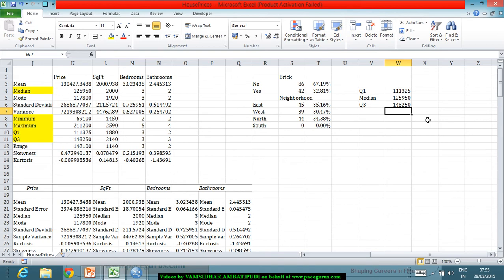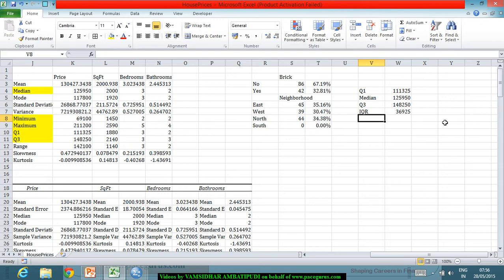These are the values. So, the first step that goes here is these 3. And based on this, I will also compute what is called the interquartile range, which is Q3 minus Q1. The difference between Q3 and Q1, we call it the interquartile range.